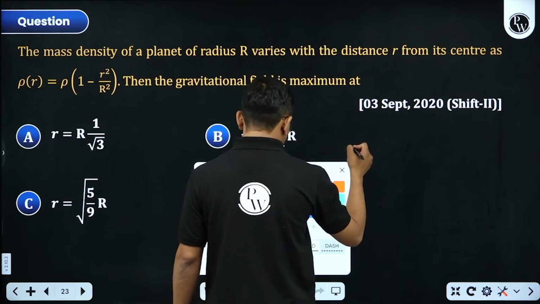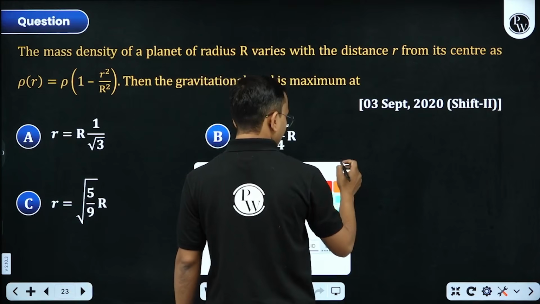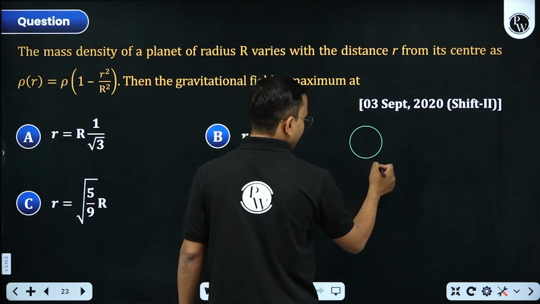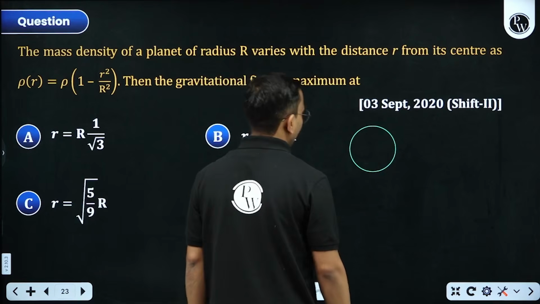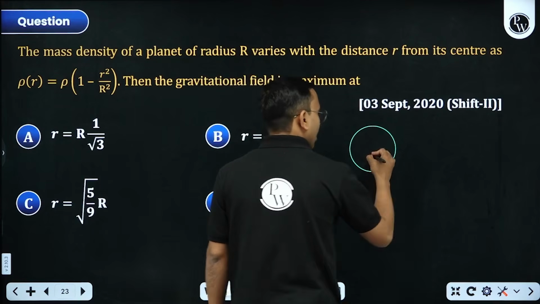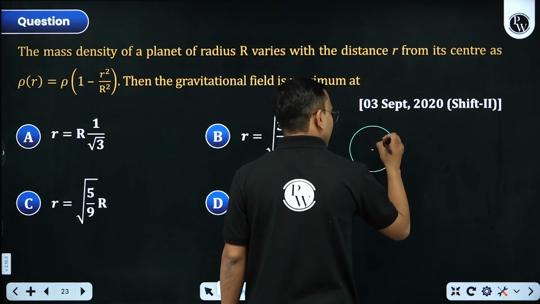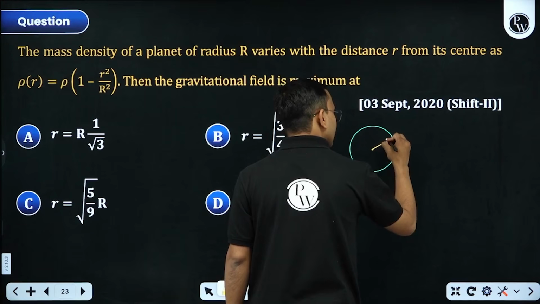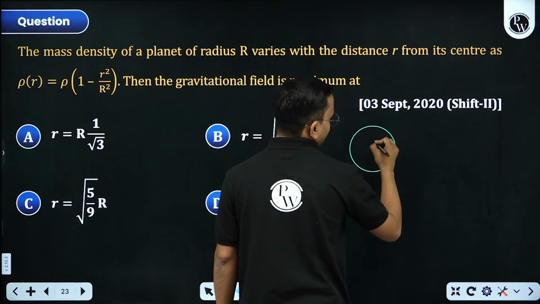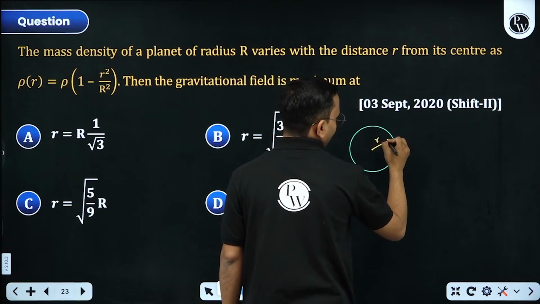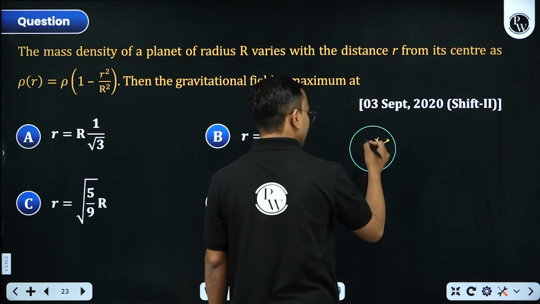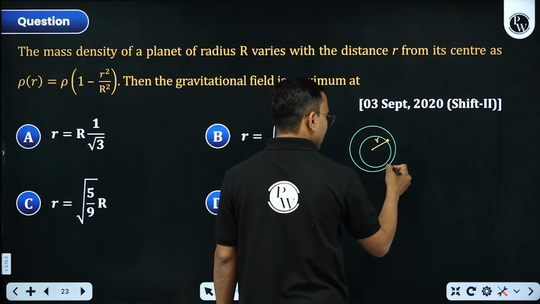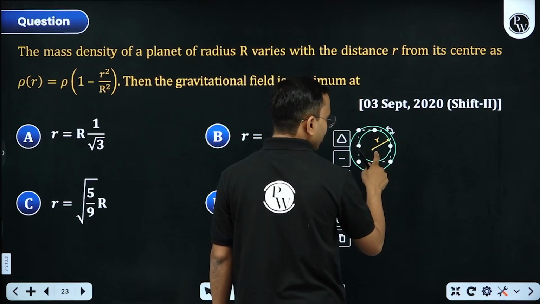So let us take this is my sphere. Okay, let us find the field at a distance x or a distance r. I am finding field here. So for that, what I will do, I will divide this into two portions, the inside one and the outside one.